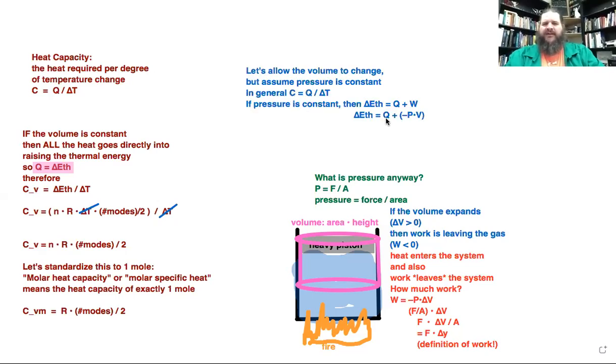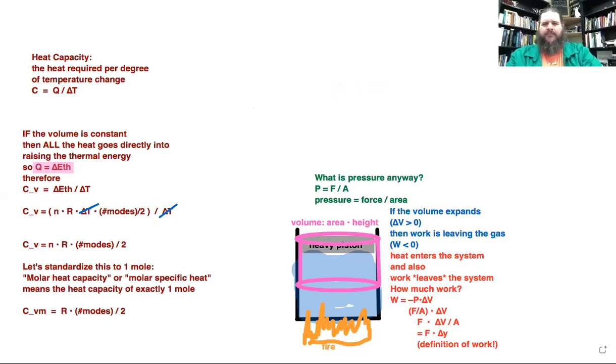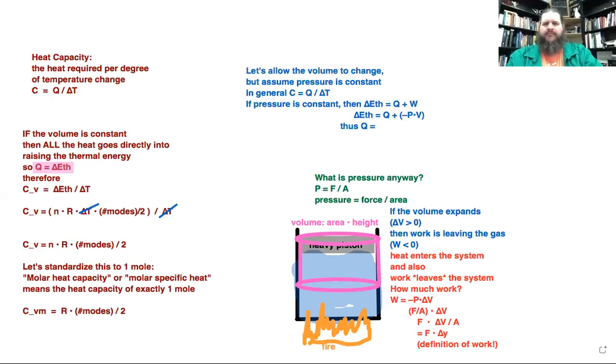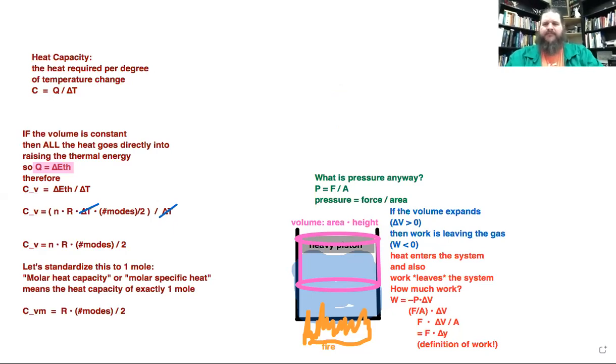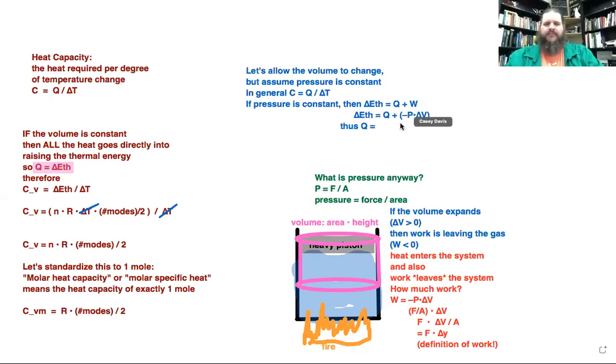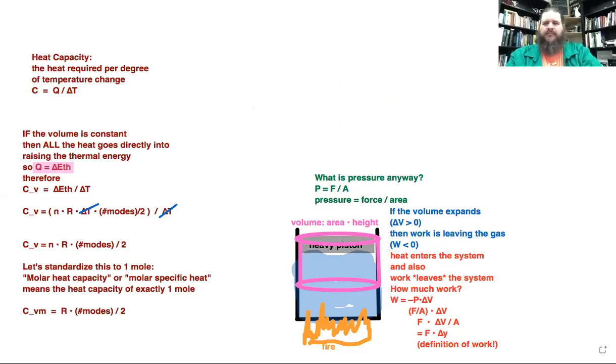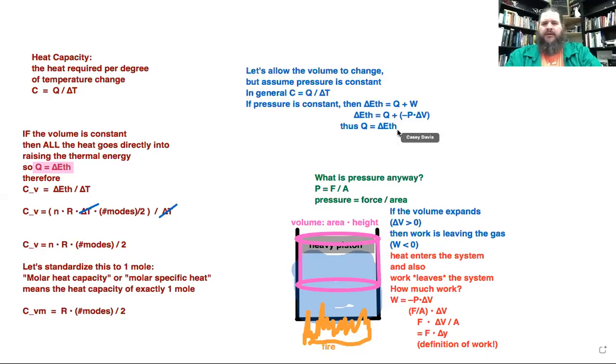So how would you isolate Q here? How would you solve this for just heat? Would it just be delta E thermal minus work?